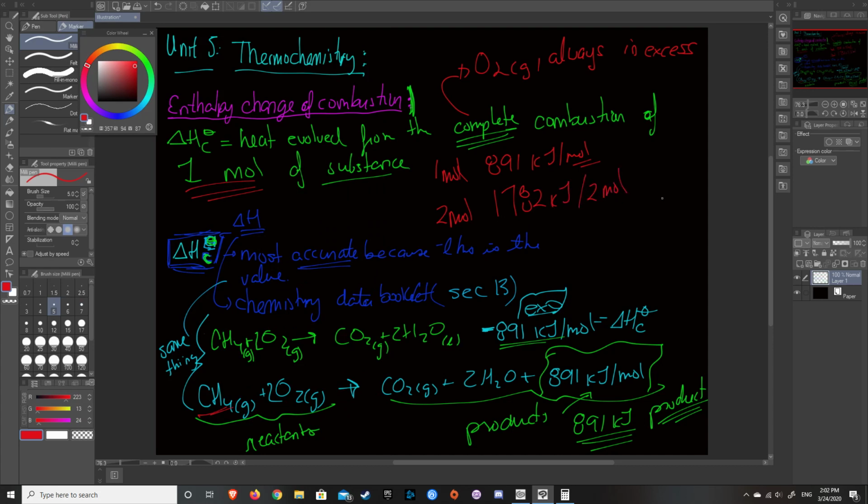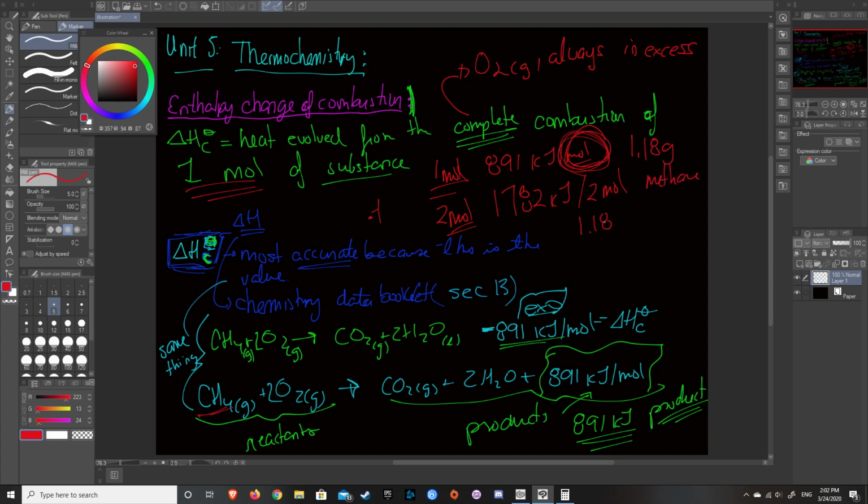Or, we can do anything. We can go half a mole, a quarter of a mole, 0.1 of a mole. We can do whatever we want and just change it respectively. It's this many per mole. So if the question says you have 1.18 grams of methane, what you do is you convert that to moles.